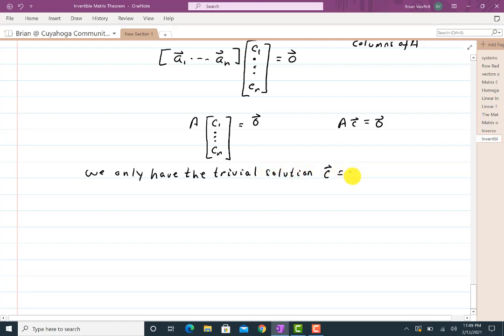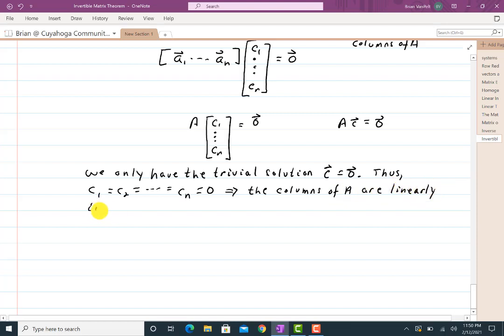The C vector equals the 0 vector. Thus, C1 equals C2 equals ... equals Cn all equals 0, which implies the columns of A are linearly independent.